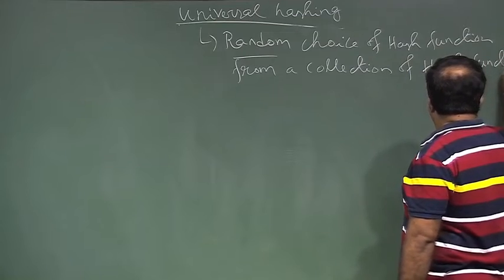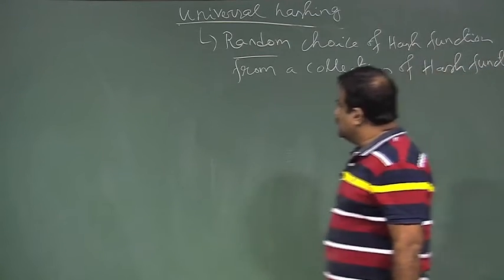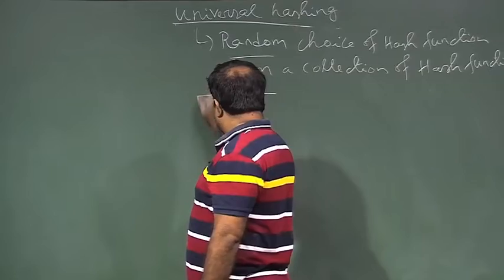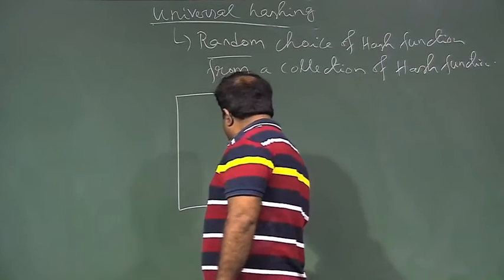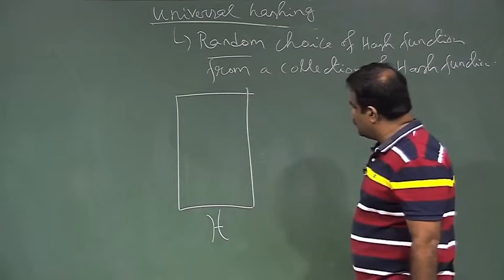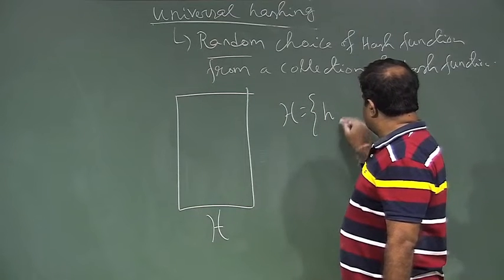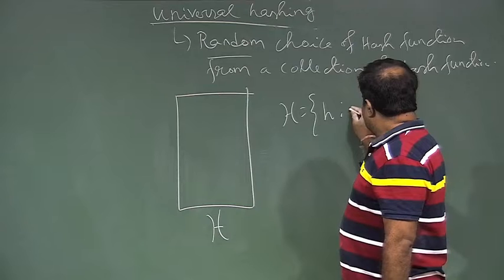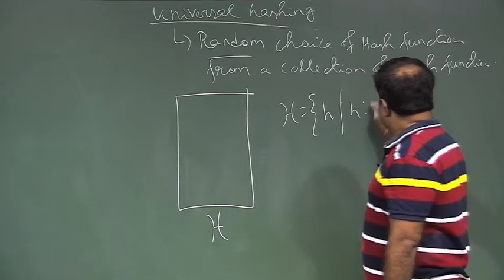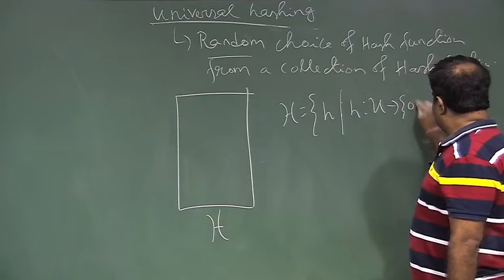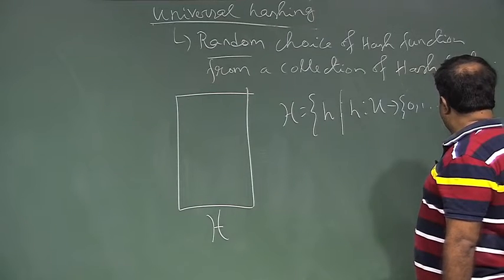That collection has some property. What is that? Suppose we have a collection of hash functions, say H, which is a collection of functions from the key universe U.